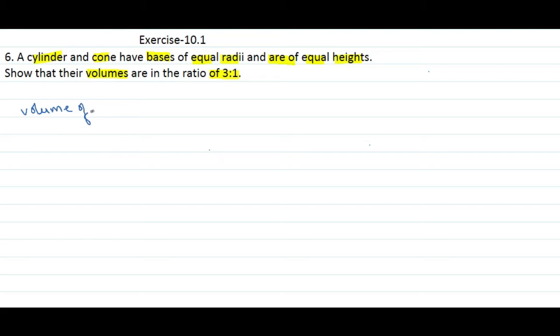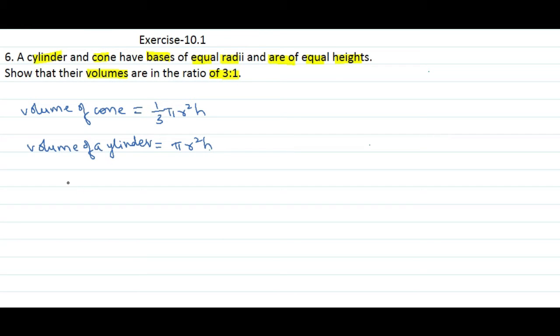Volume of a cone is equal to 1/3 pi r square h, and volume of a cylinder is equal to pi r square h. Now we are going to find the ratio of the volumes of a cylinder and cone.